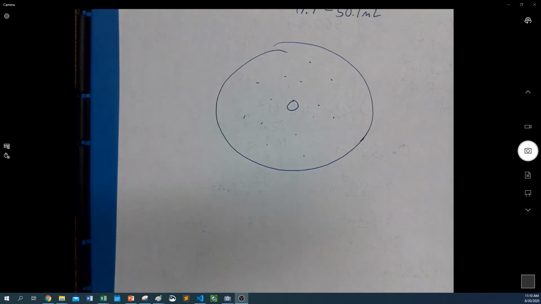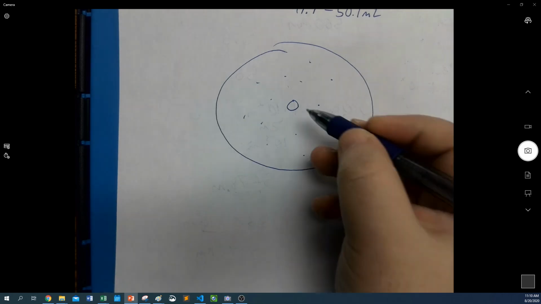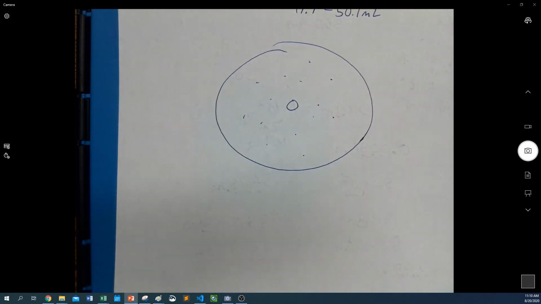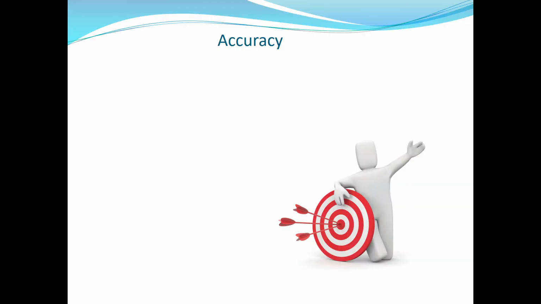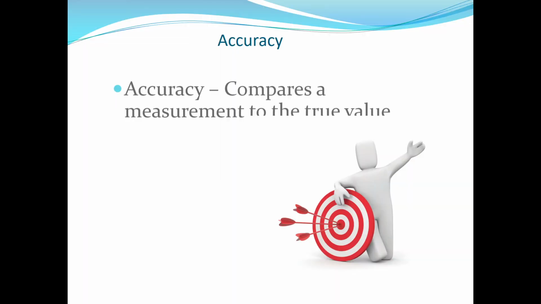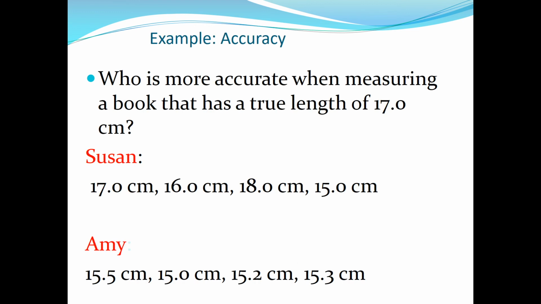I am very accurate. No, I missed the target every time. Target was in the middle. So let's go over it. After today, you'll be able to say you're very accurate on a lot of things.